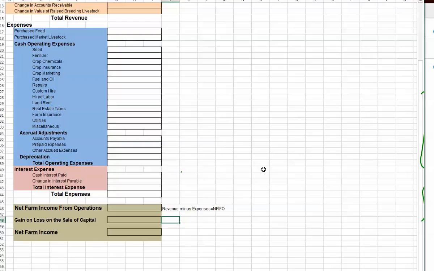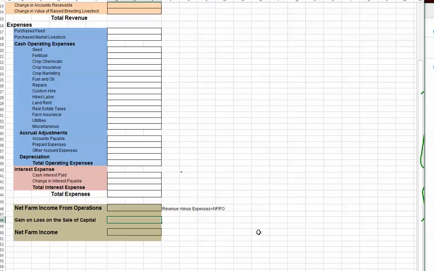It's just something that you might simply need a new tractor, and instead of trading the old one in, you sold it to a neighbor. Because those are non-typical transactions, they are not included in net farm income from operations. They are listed on a row here called the gain or loss on the sale of capital.